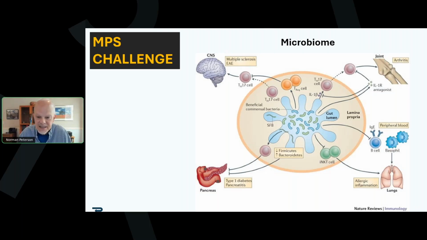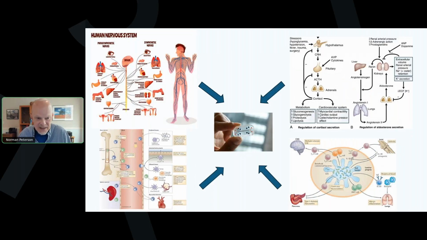But for the distal effects, on how the microbiome might alter responses in the brain or lungs or other organs, we haven't quite gotten there yet. So all of these systems can come together and have an effect, and we can't really replicate them and their interactions in a microphysiological system.